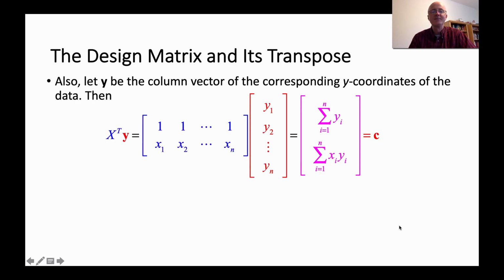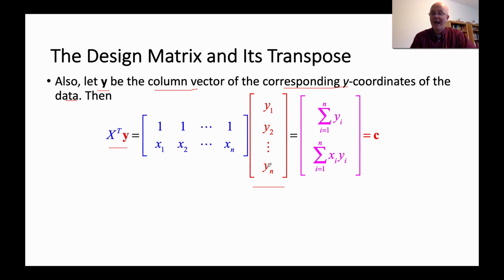So, to summarize, there is one more thing. We can let y be the column vector of the corresponding y coordinates of the data, this vector right here. I can multiply X transpose times y, this 2 by n matrix times this n by 1 matrix.